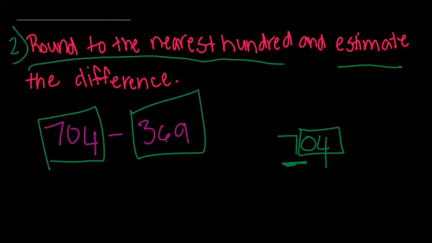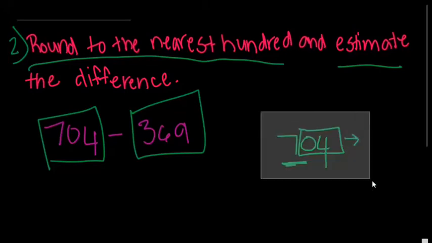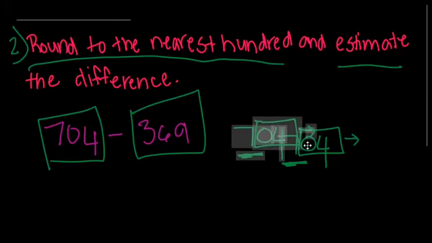So basically, that means since 4 is so close to 700 than 800, 4 is here. Let me just move this a little. All right, there we go.